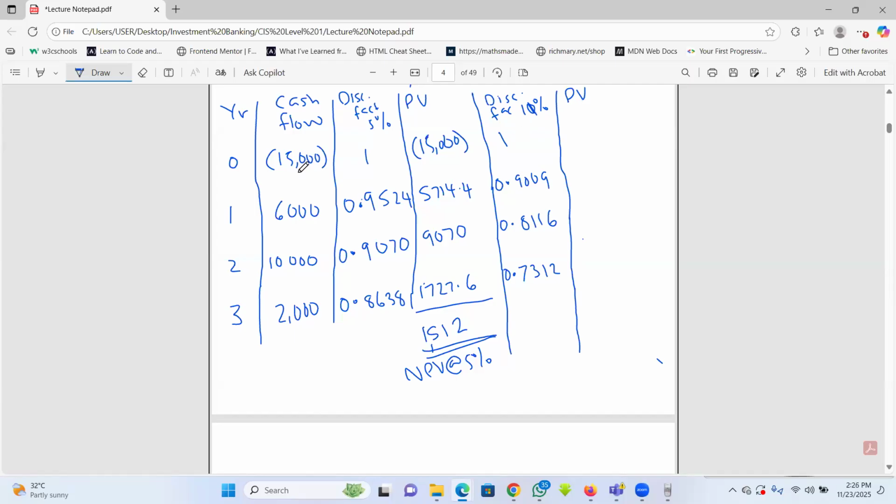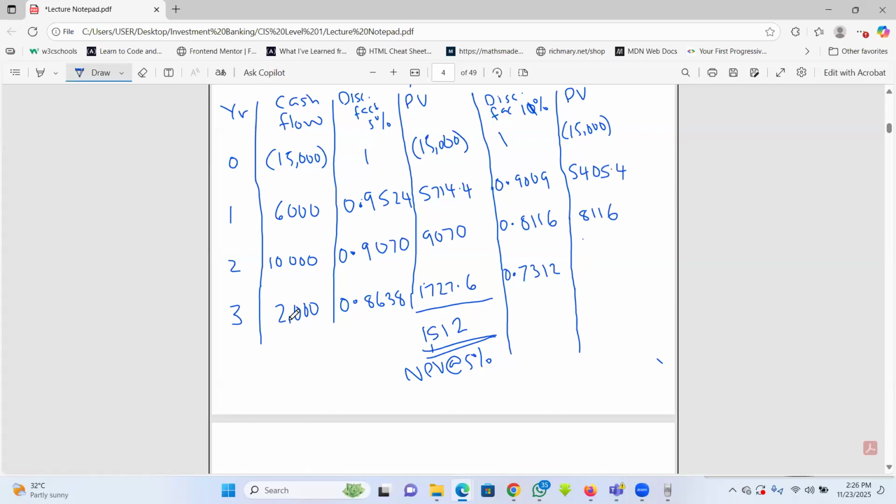I'm going to multiply the same cash flow, negative 15,000, and the others by the discount factor at 11%. 6,000 times 0.9009 is 5405.4.